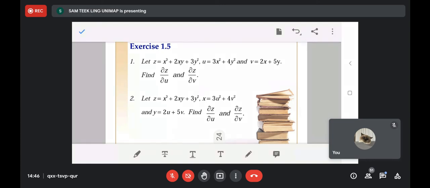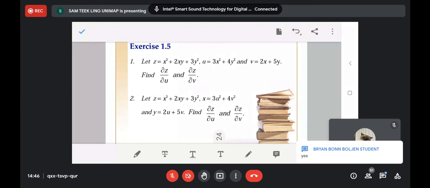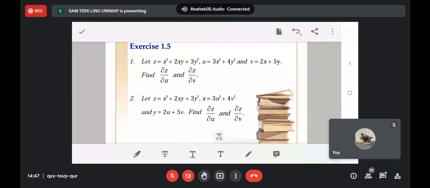Yes, madam. Okay, yes. First one, question 1 involves an inverse function. Then the second, does question 2 involve one or not? No, madam.